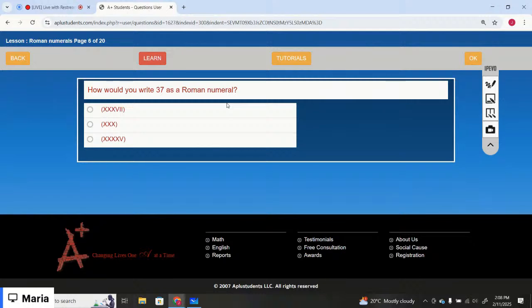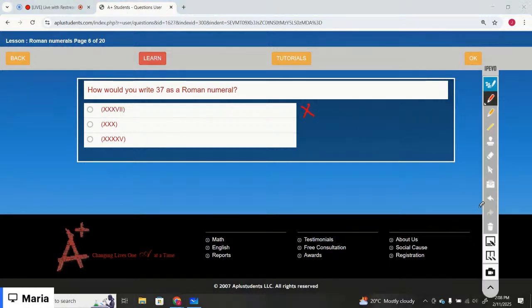How would you write 37 as a Roman numeral? So which is the correct option? Ten plus. So which option is the correct one?